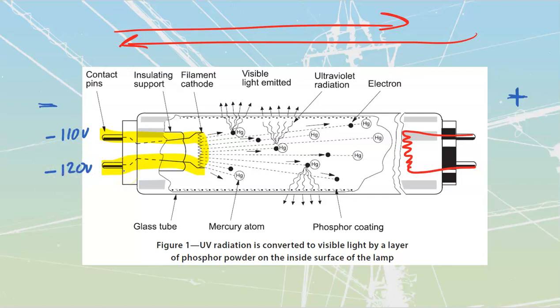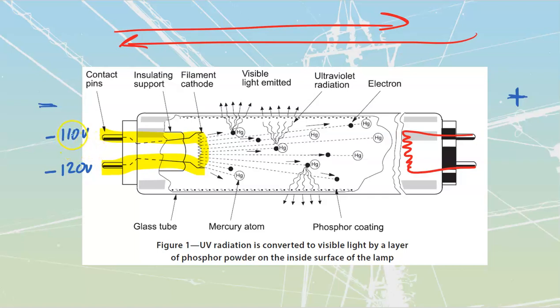When I do that, I see that either pin is a negative, referencing the positive over here. But I also see that from point to point inside of here, there is a potential difference. We would refer to this as a voltage. How many volts would I see across this filament?